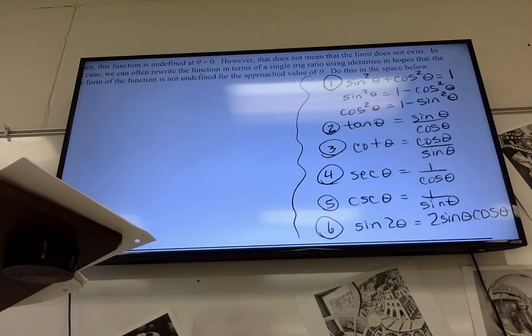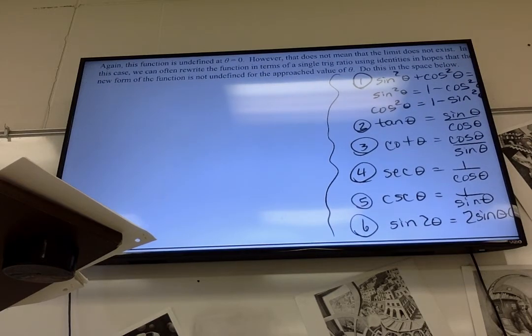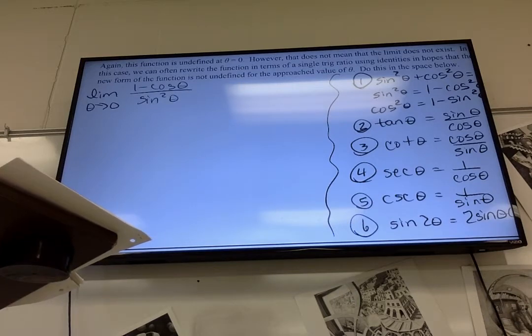Okay, so we are still going to do the limit as theta approaches 0 of 1 minus cosine of theta over sine squared of theta. But we know we have to do it in a different way because it gave us an issue.